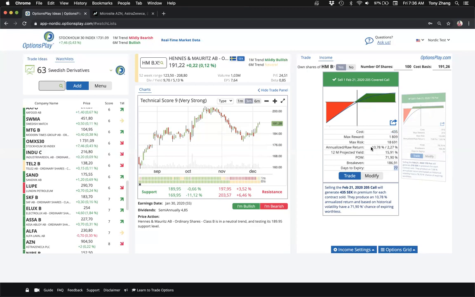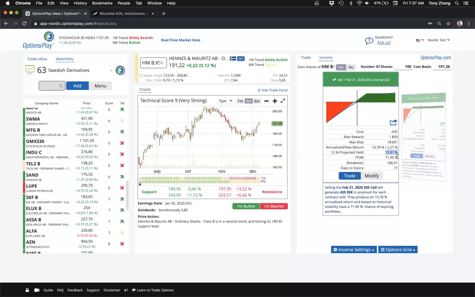So this annualizes out to about 10.7% on the yield that you get on a covered call from the stock that you own versus only 5.1% on the dividend yield. So if you add the dividends that you receive on H&M plus if you were to sell covered calls throughout the whole year, your total yield in H&M would jump up to about 15%, almost 16%.